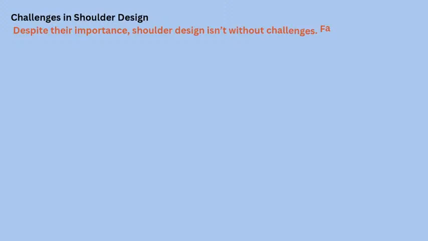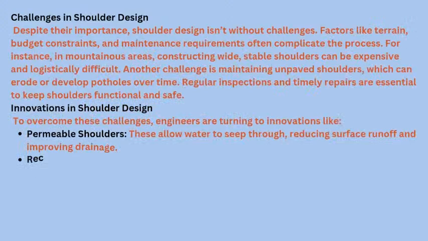Innovations in shoulder design. To overcome these challenges, engineers are turning to innovations like permeable shoulders. These allow water to seep through, reducing surface runoff and improving drainage. Recycled materials. Using recycled asphalt or concrete for shoulder construction reduces costs and environmental impact.